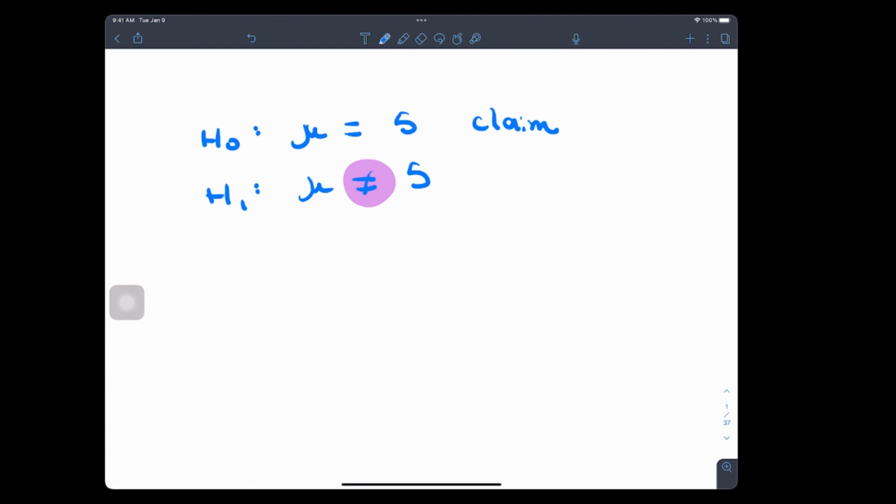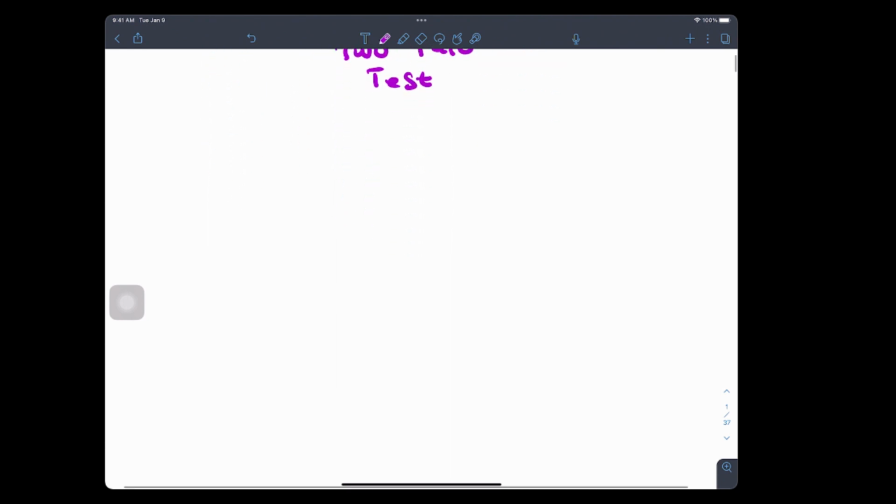The mean sleep time. What is not equal? Two-tailed test. Is that true? All right. We're doing the traditional method. Two-tailed test, not equal. Okay. So now, what would you guys do? You're going to set this up now, right?